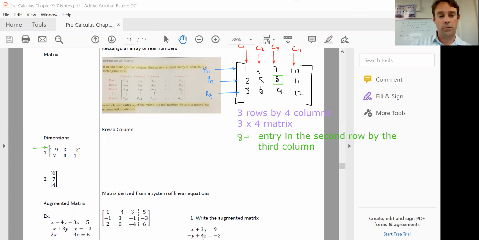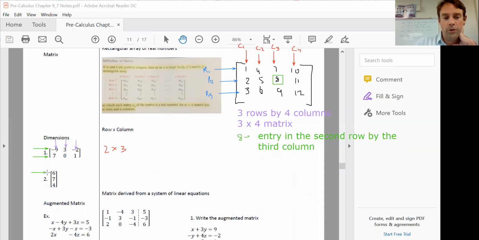This first one, I have 2 rows and I have 3 columns. So we would say that this one right here is a 2 rows by 3 column matrix. Let's try the next one.